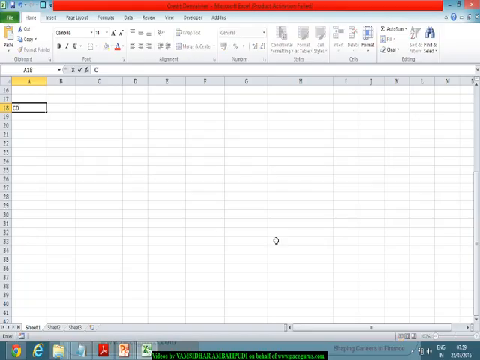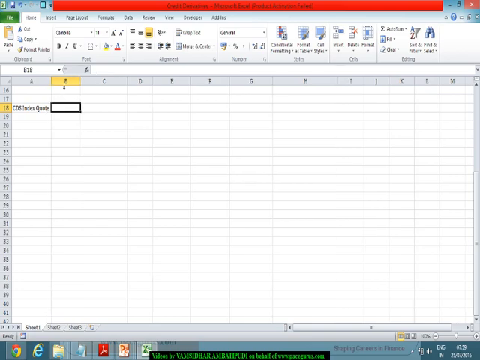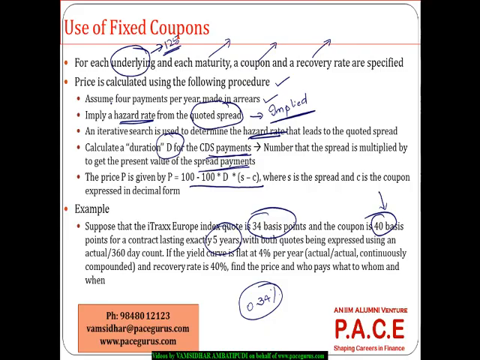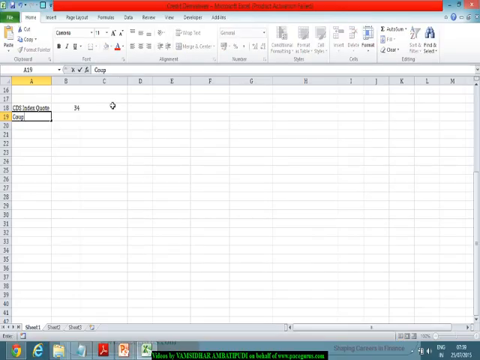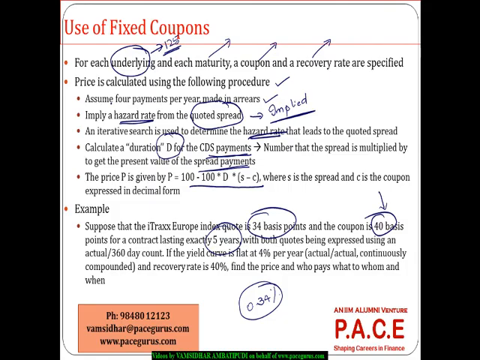CDS index quote. The CDS index is getting quoted at 34 basis points. Coupon is 40 basis points. And the CDS maturity is 5 years, with both curves being expressed using an actual by 360 count.